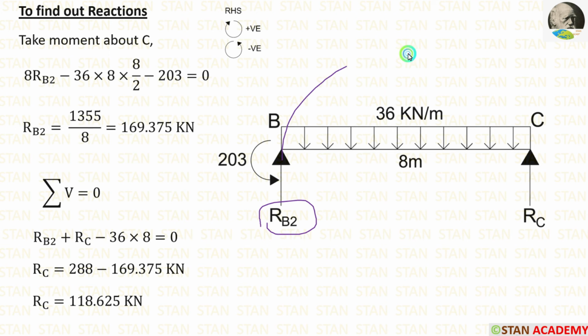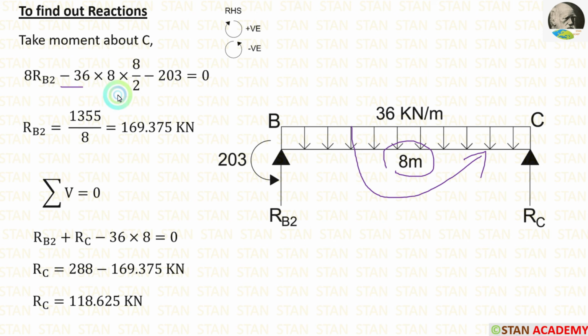RB2 is acting towards the point C in the clockwise direction, so it will be positive and the distance is 8 meter, so 8 RB2. The UDL is acting towards the point C in the anti-clockwise direction, so it will be negative and the distance is 8 meter.